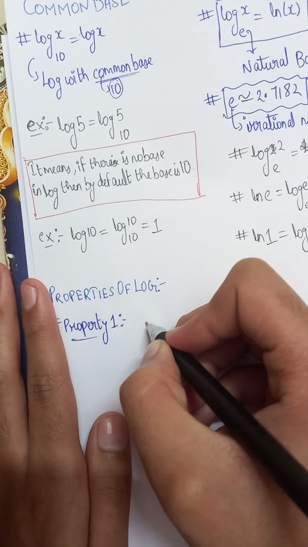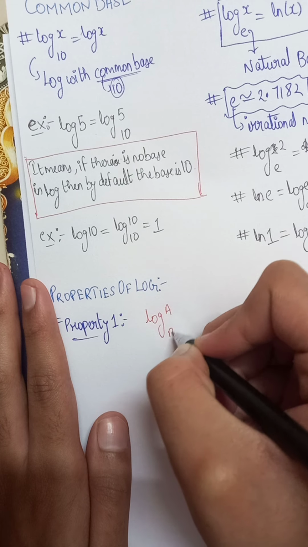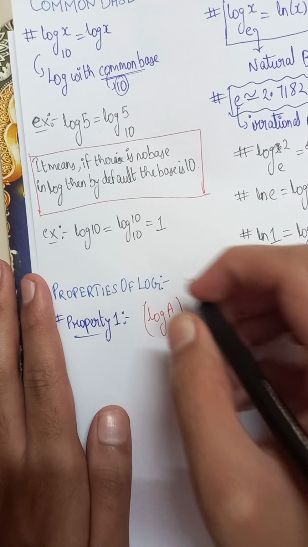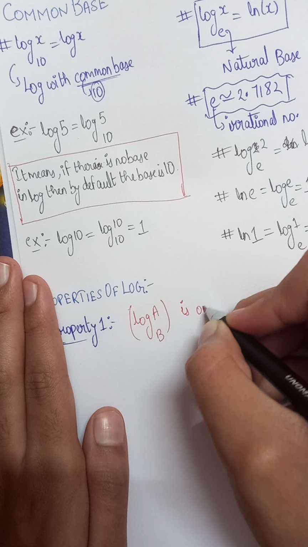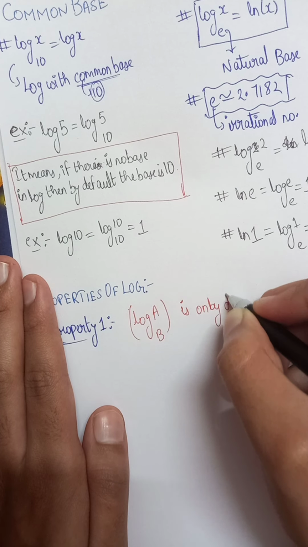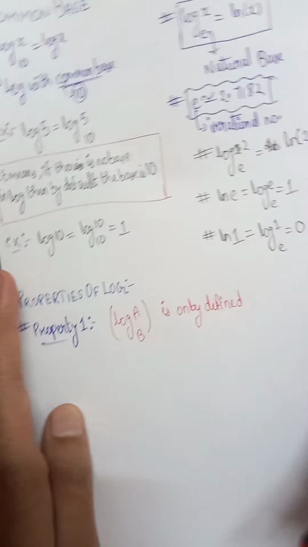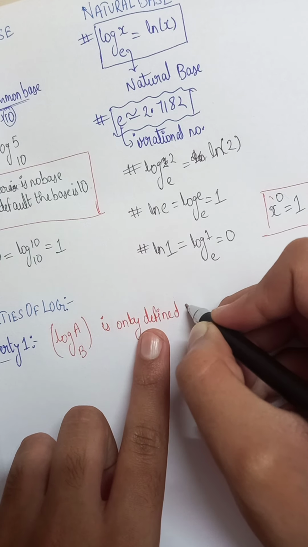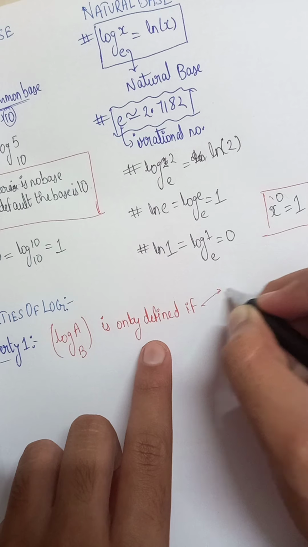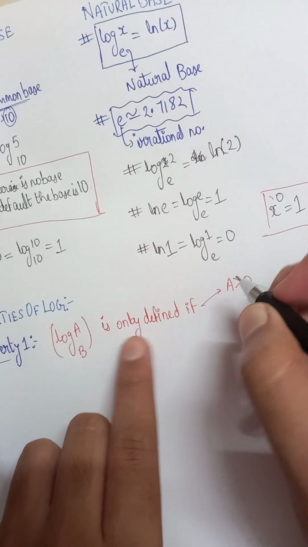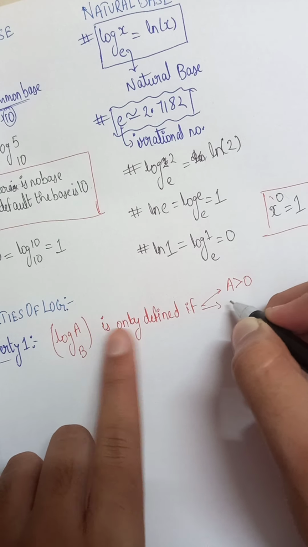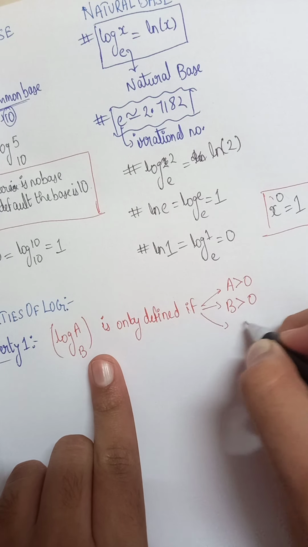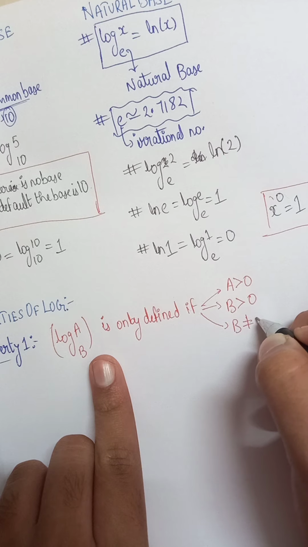Property number 1 says that log a to the base b is only defined if a is greater than 0, which means the number should be greater than 0, and b, the base, should also be positive, b greater than 0, and b should not be equal to 1.